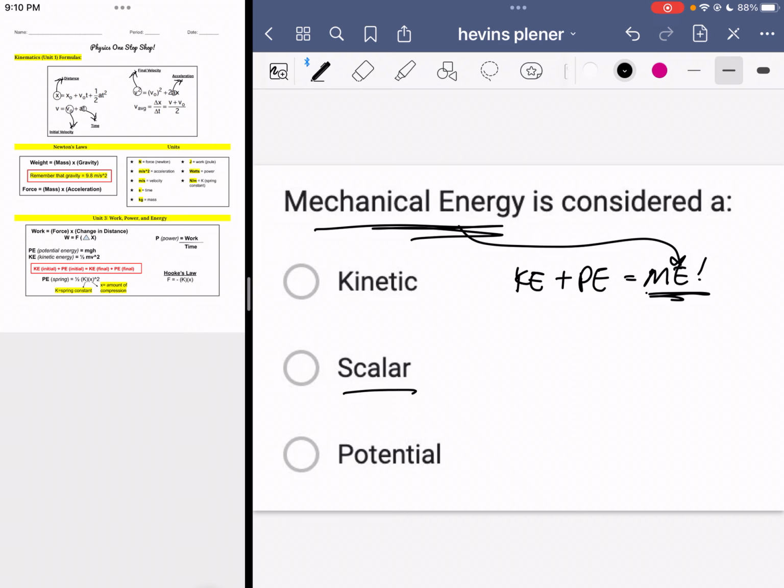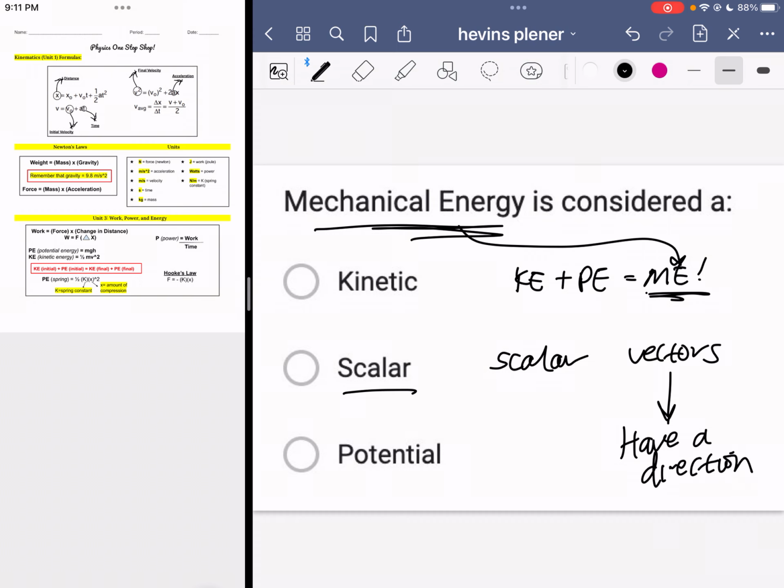With this word, scalar, there's scalars and vectors. Vectors have a direction. Scalars do not have a direction. Does energy have a direction?